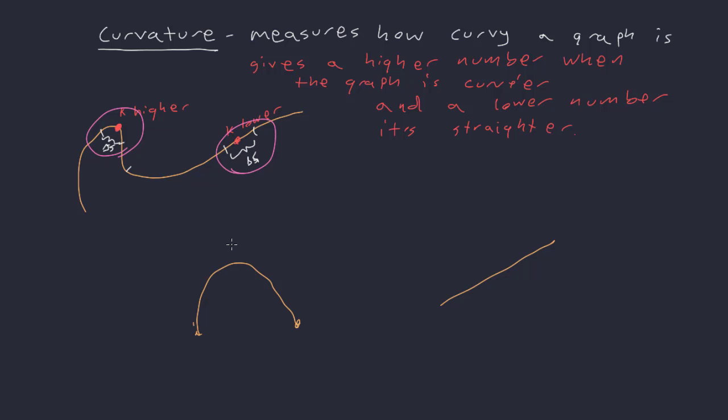Suppose they have the length S. What we end up doing is we look at the unit normal vector at one endpoint and the unit normal vector at the other endpoint.